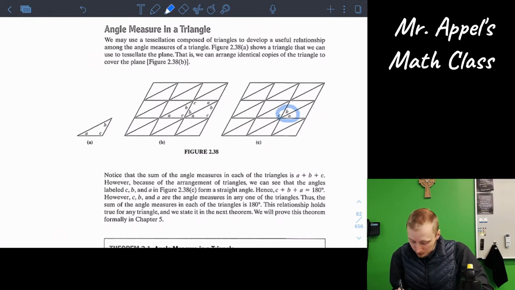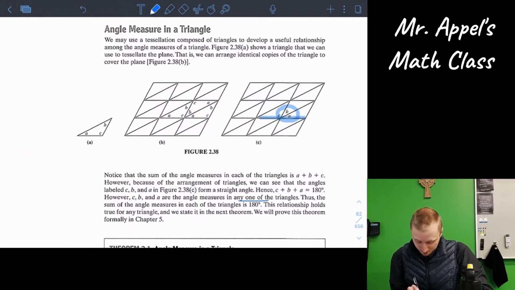Look at that, straight angle right there. Hence, C plus B plus A must equal 180 degrees, definition of straight angle. However, C, B, and A are the angle measures in any one of the triangles.